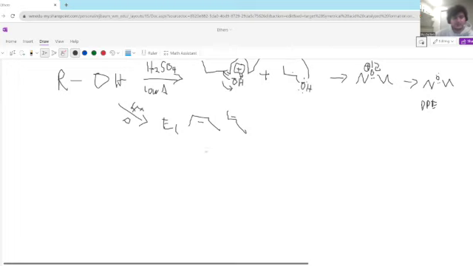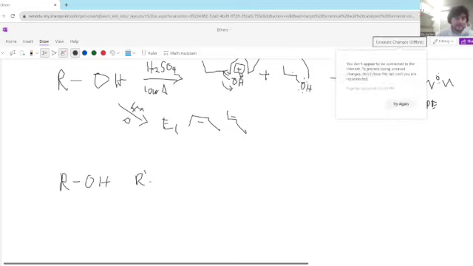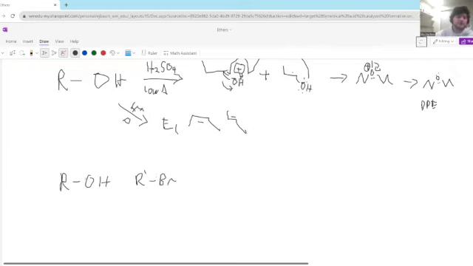But let's say we want to make an ether that's not symmetrical. If we want to make an ether that's not symmetrical, we have to use SN2 reactions, and not in the way we use it here. We have to take another kind of carbon and add a halide. So we have an alkyl halide here, and here we have an alcohol.